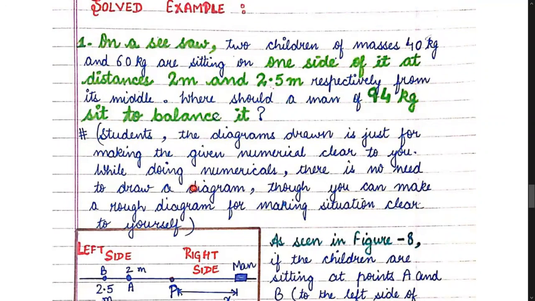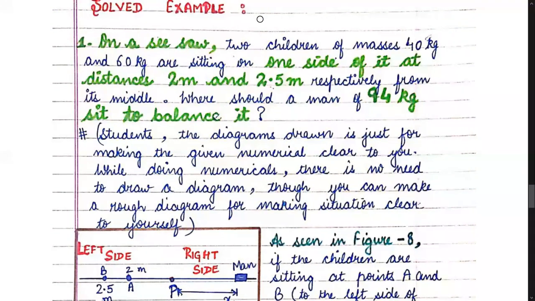First is, on a seesaw, two children of masses 40 and 60 kg are sitting on one side of it at distances 2 meter and 2.5 meter respectively.